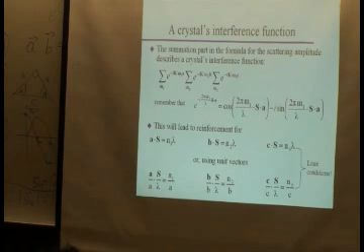Cosine of 2 pi times an integer is one, right? Cosine has a 2 pi periodicity. It's 1 at 0, at 2 pi, at 4 pi, at 6 pi, at you name it pi.